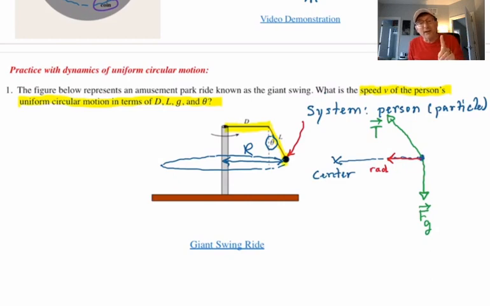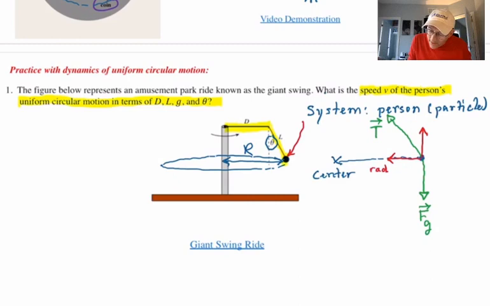The tangential direction is tangent to the circle. In our case, that'd be into the screen. I'm not even going to try to draw it. It's not important. But then the other important direction, in this case, is vertically up.